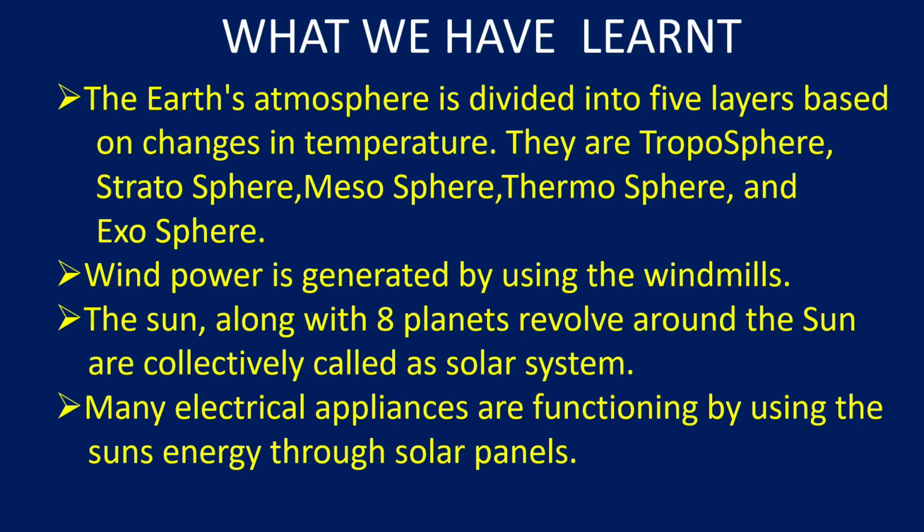They are troposphere, stratosphere, mesosphere, thermosphere and exosphere. Wind power is generated by using windmills. The sun along with 8 planets revolving around it is collectively called the solar system. Many electrical appliances function by using the sun's energy through solar panels.